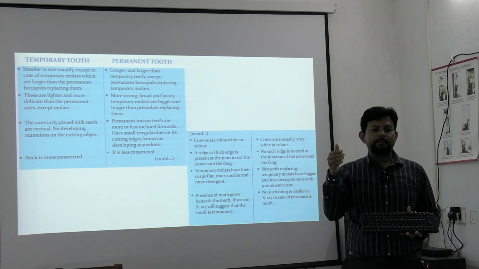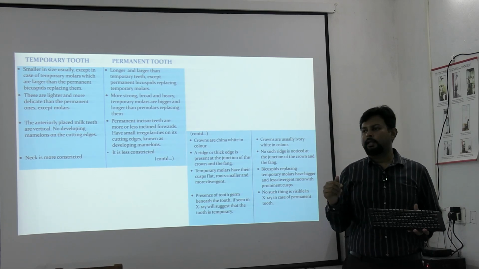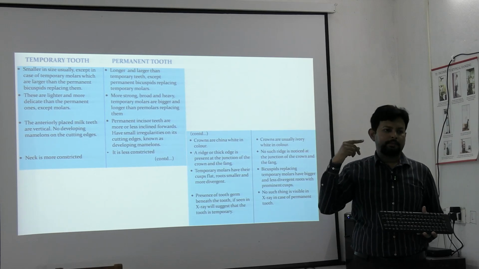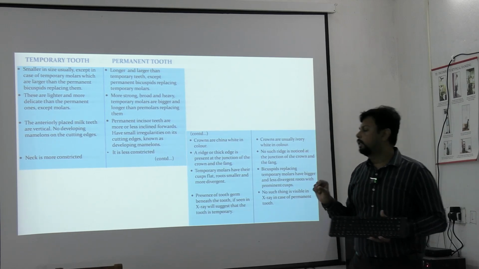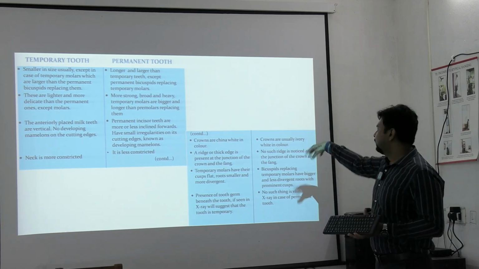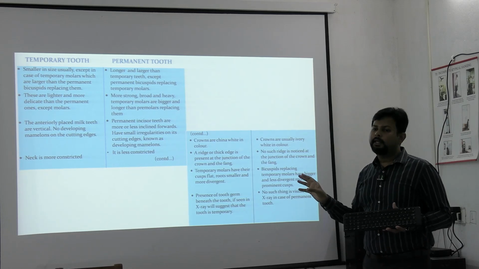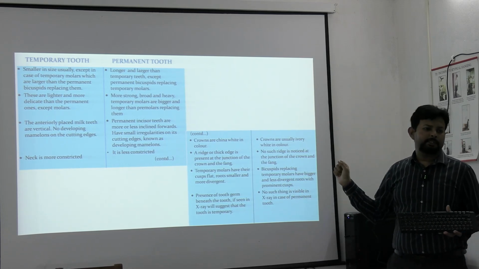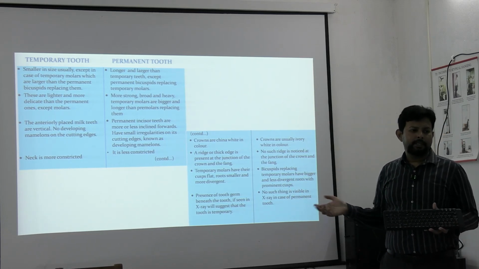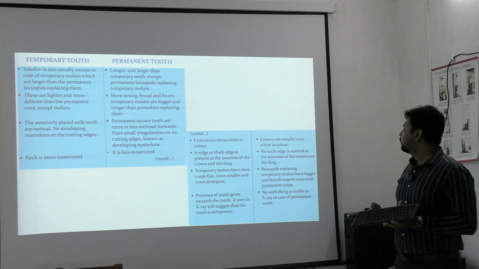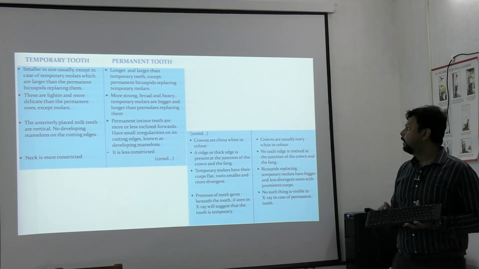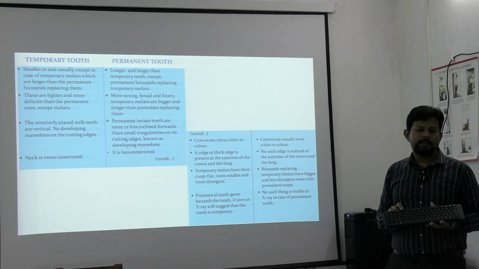That is being replaced by premolars of the adults. So that's one exception, that is larger. Okay, molars. Other things you can go through in the literature. This doesn't need much explanation, but memorizing. You can find this in any book. Difference between temporary teeth and permanent teeth.